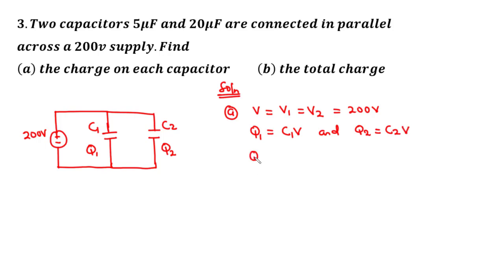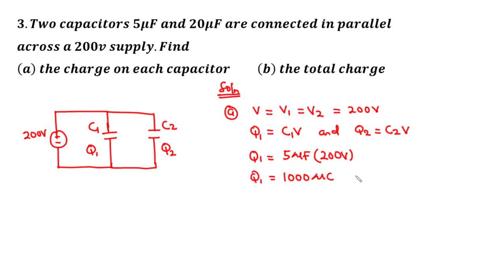So let's find Q1. Q1 is equal to C1, which is 5 microfarads, times V, which is 200 volts, and this is equal to, now 5 times 200 is 1000, so we have 1000 microcoulomb, which is Q1.